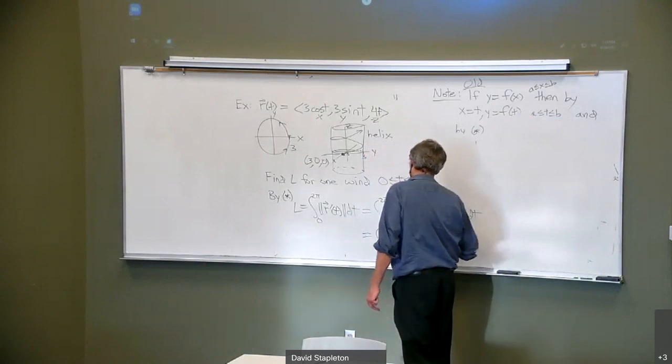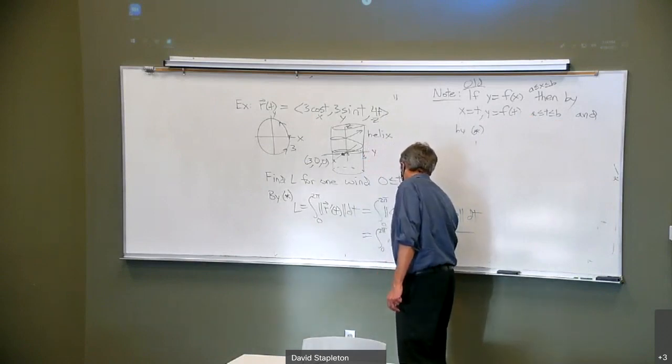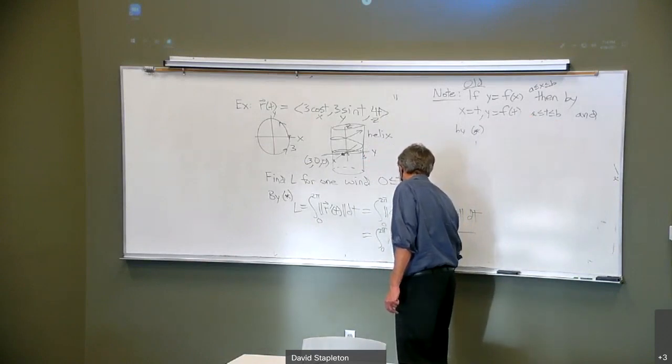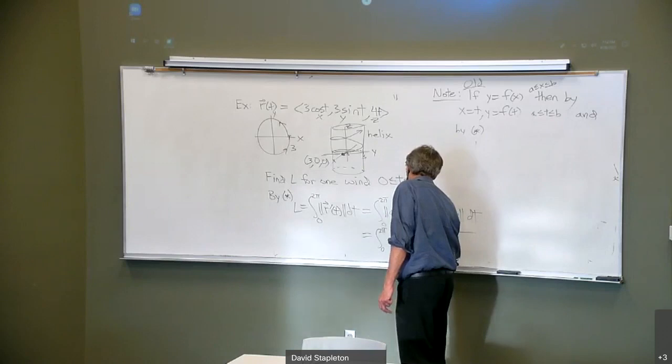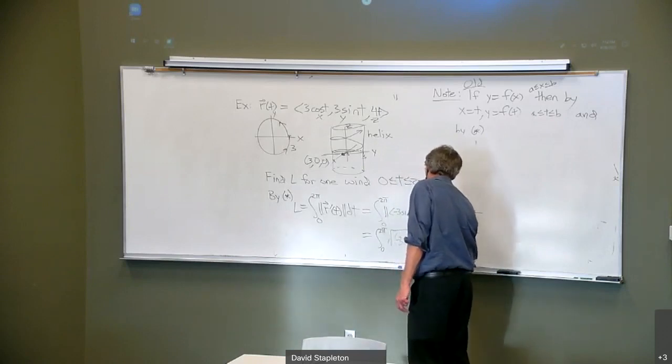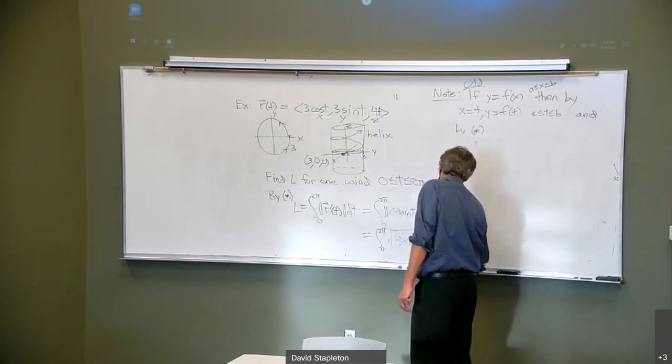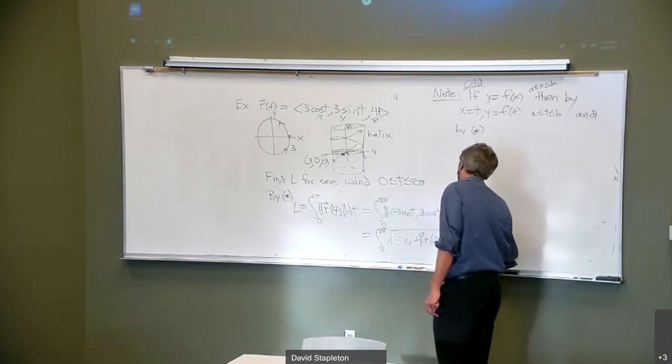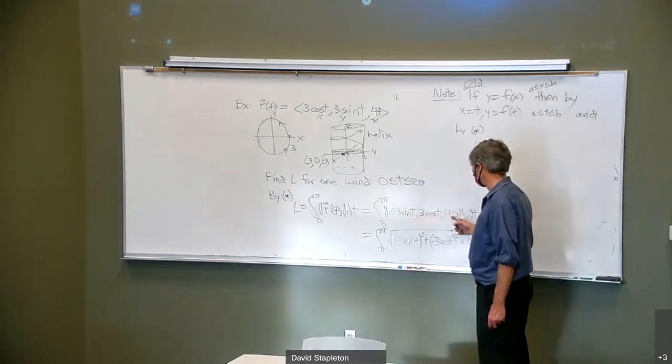But if you think about it, it's minus 3 sine t squared plus 3 cosine t squared plus 4 squared. That's the length of the vector in 3-space: x squared plus y squared plus z squared, square root, we said.